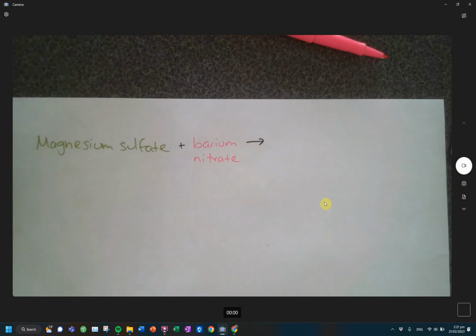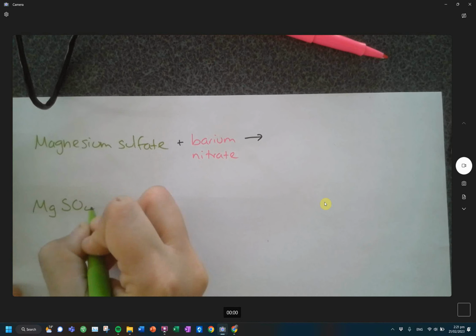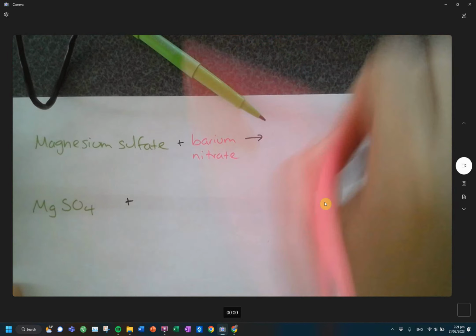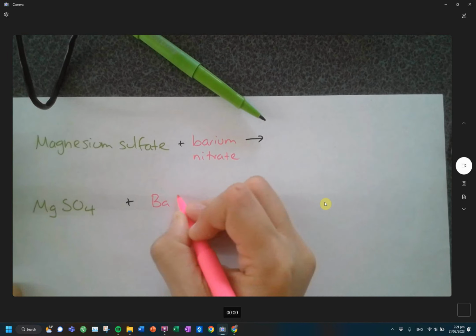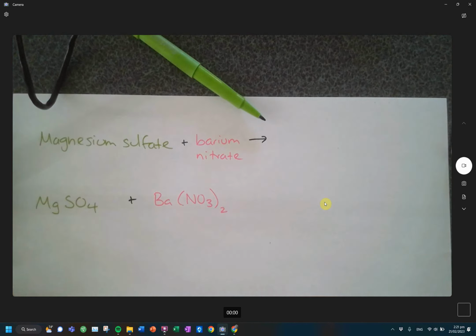I'll also show you guys the symbolic equation, because really we should be moving to that symbolic level at level 2. So I will have MgSO4 plus Ba(NO3)2.